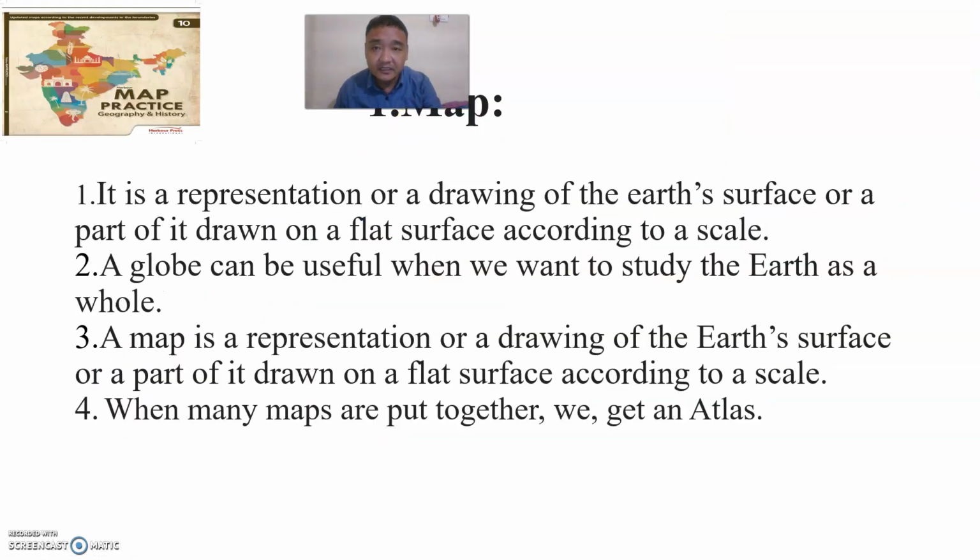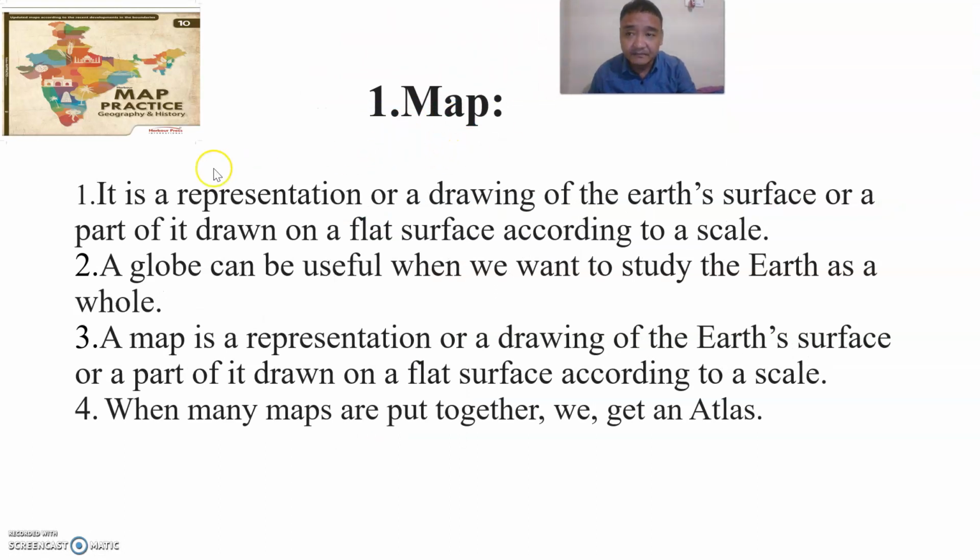Okay, see here the map. You can see this is the map, right? This is the India map, right? First, it is a representation or a drawing of the Earth's surface or a part of it, drawn on a flat surface according to a scale.